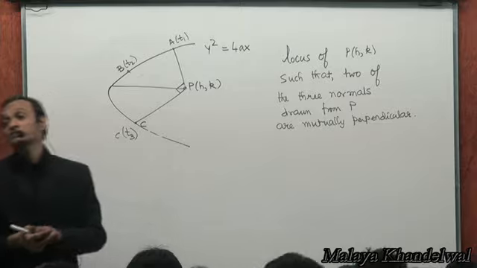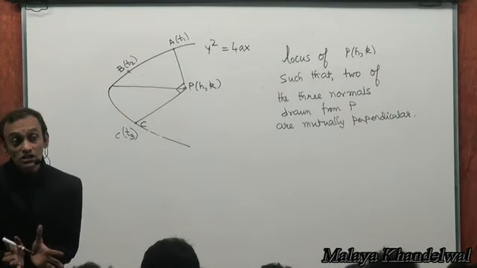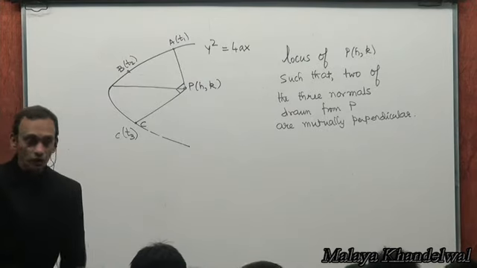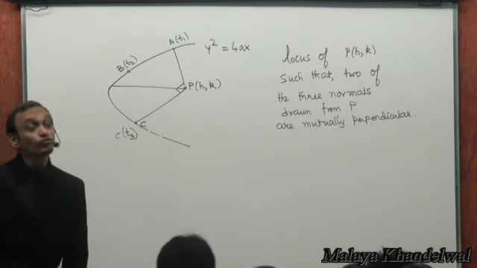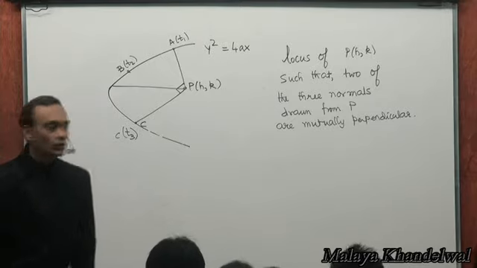We are seeking to find the locus of all points P such that out of the three normals, two normals are perpendicular to each other. Right? Locus of all such points P for a parabola y squared equal to 4ax. That's the objective.